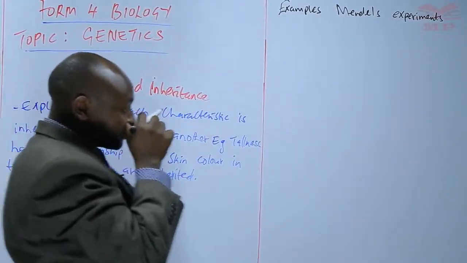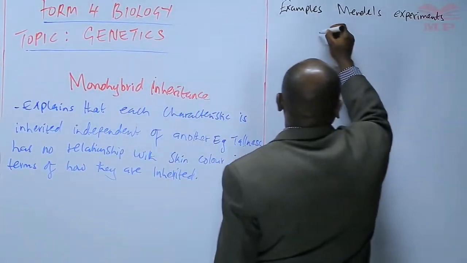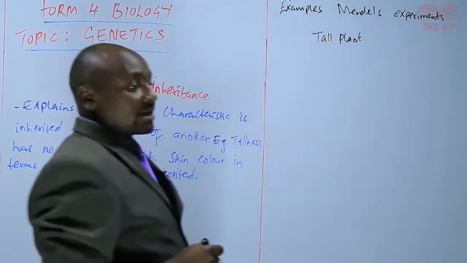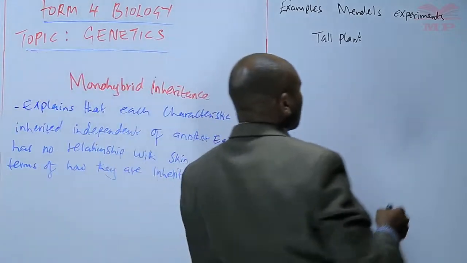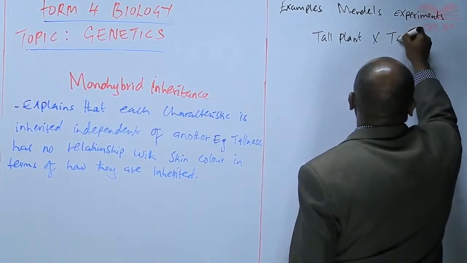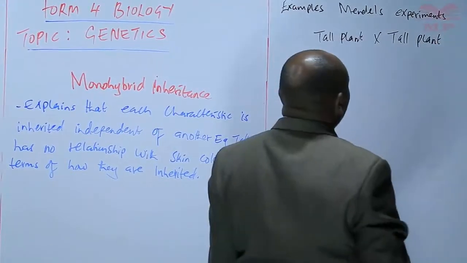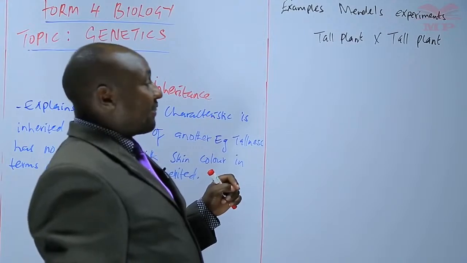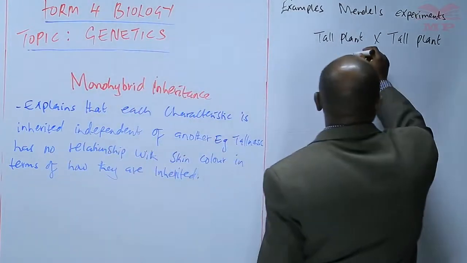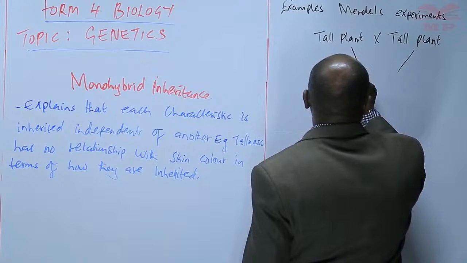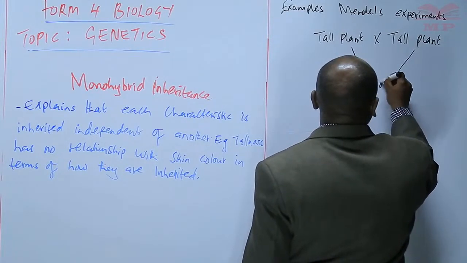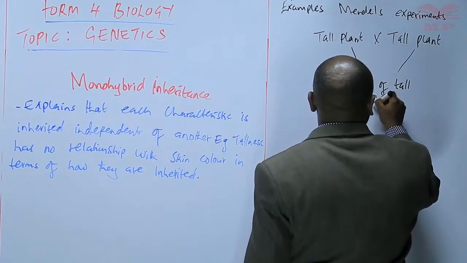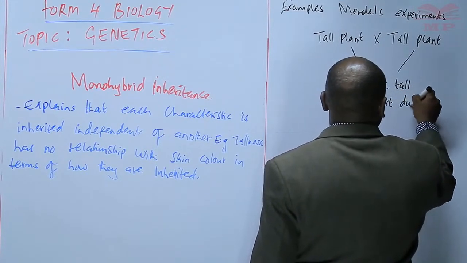For example, where he took some tall plants, that is the garden pea, and crossed them with other tall plants, obtained the seeds from there, and then planted them, only to get a mixture of tall and short, which you can also call dwarf.